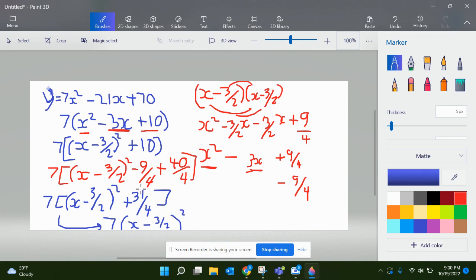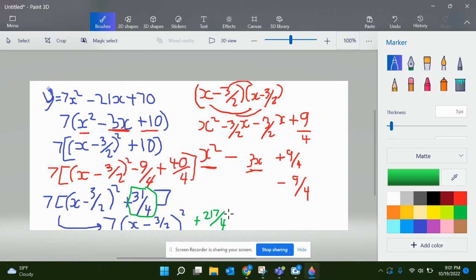Ba-ding. Now, when you take this 31 over 4 out of the brackets, you have to multiply it by 7. Okay, so 31 times 7 is 217. So here you're going to have 217 over 4. You may want to put this into a mixed fraction now.